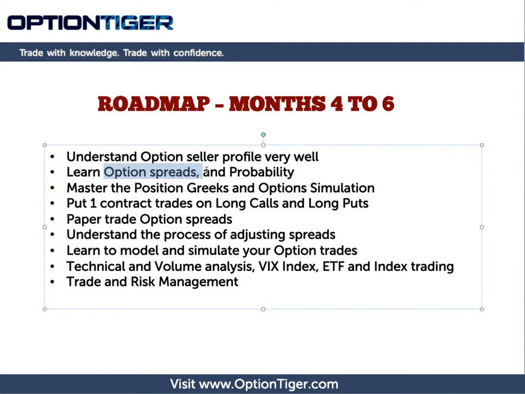Now it's time for you to put some real money trades on your long calls and long puts, the single option trades you were watching in the previous roadmap. You would put on 1 contract trades, and in these 3 months you're going to paper trade your option spreads, these 4 different option spreads.